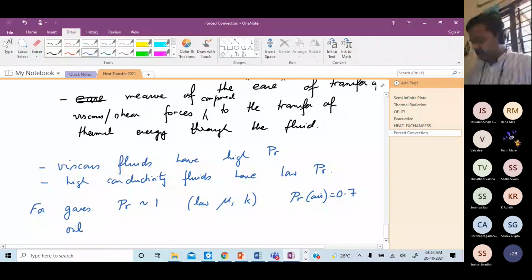For oil, because oil is very viscous, right? So Prandtl number is around 100. Why? Because of high viscosity. Okay.